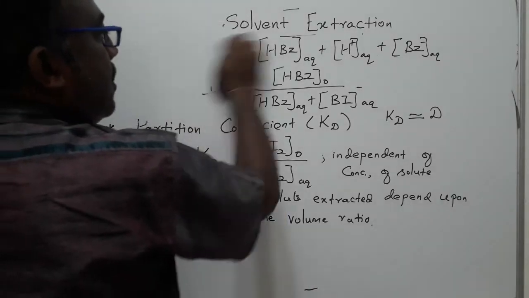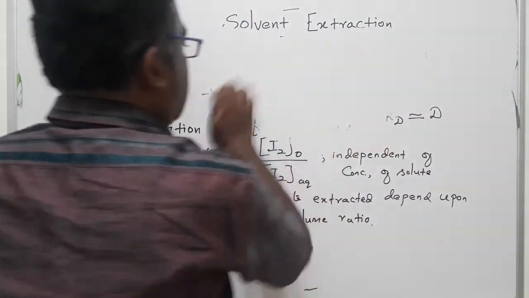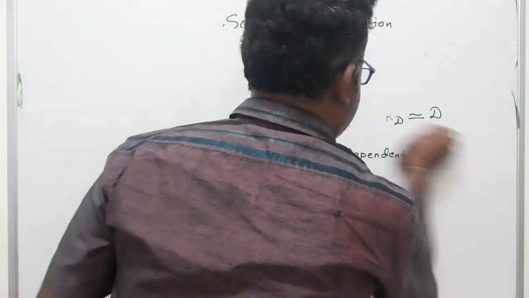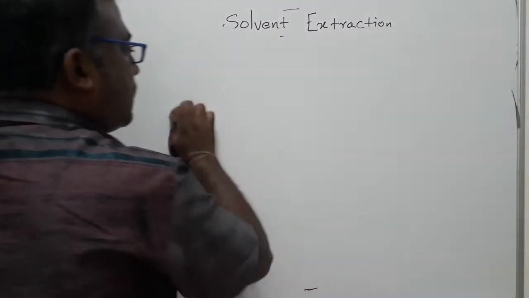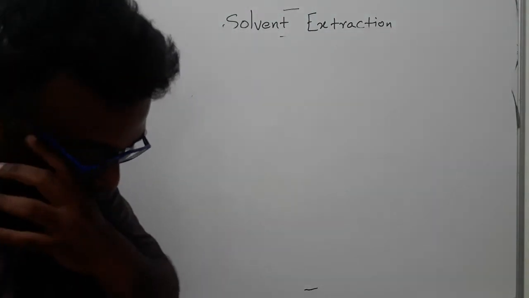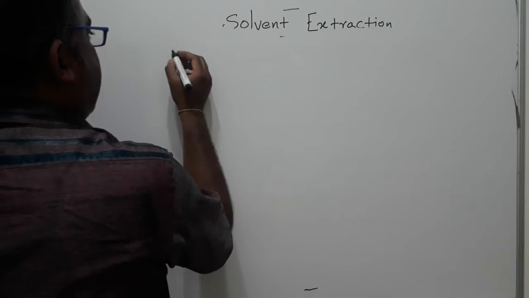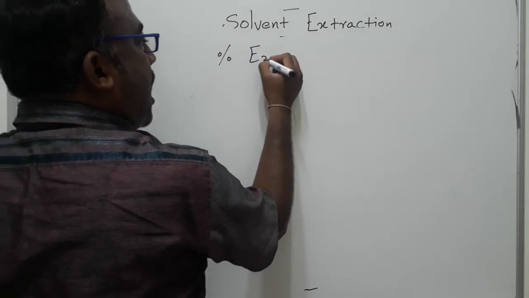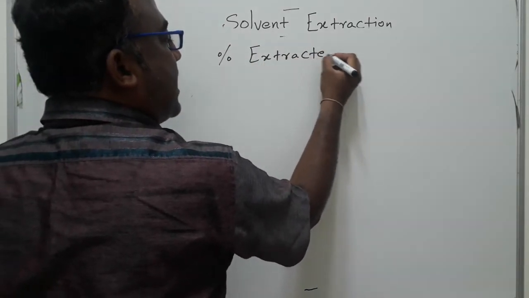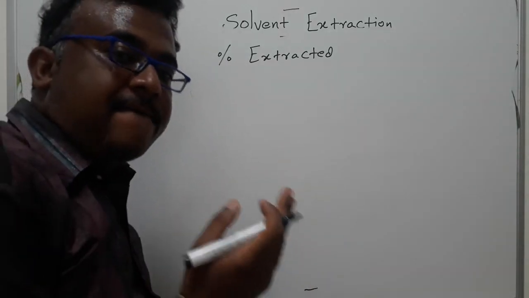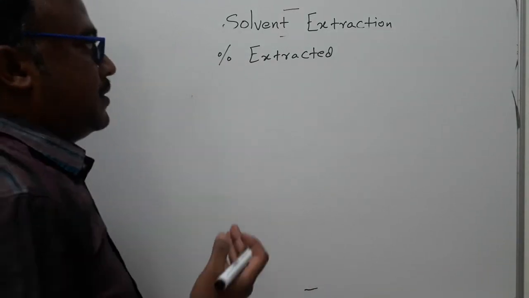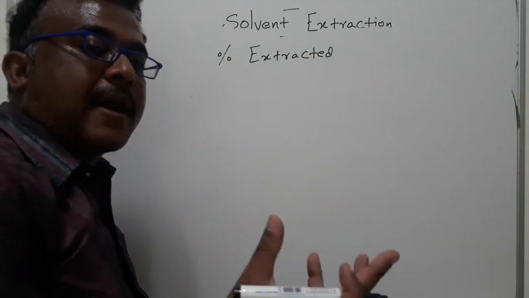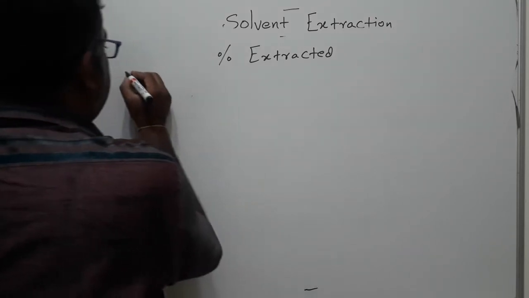Now let me come to percentage extraction. Percent extracted means how much of the organic compound was extracted from the aqueous layer, out of the total number of millimoles of solute.